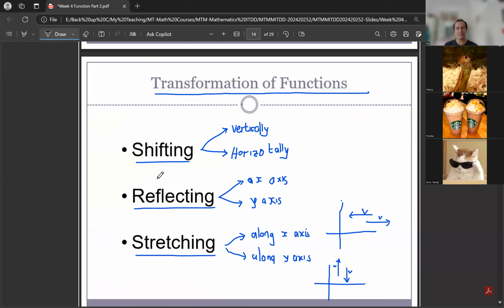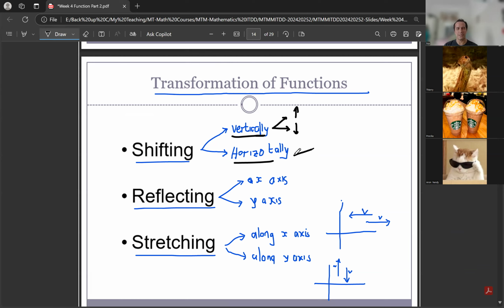And we have three kinds of transformation of function: shifting, reflecting, and stretching. Shifting is divided into two things, vertically and horizontally. Vertically is also divided into two things, upward and downward.